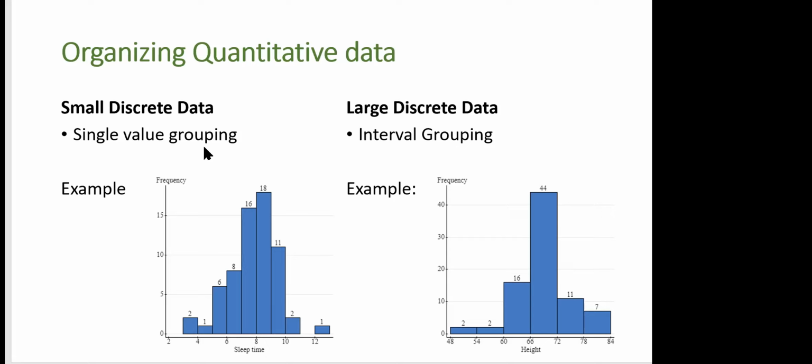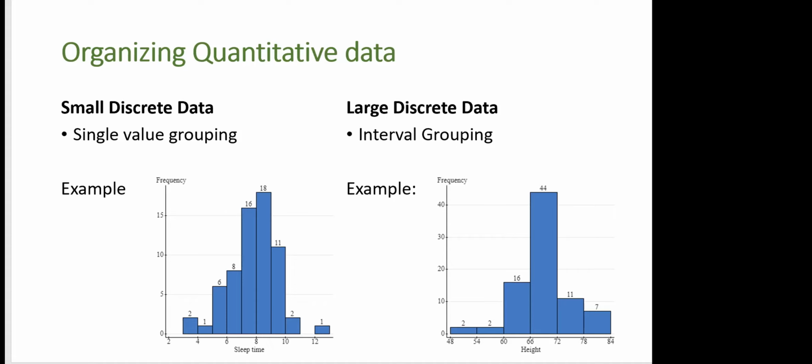But they're very similar in many ways. We can think of single value grouping as a grouping where the class width is 1, as opposed to, like in the previous example, where we had a class width of 6. So that's the only difference.